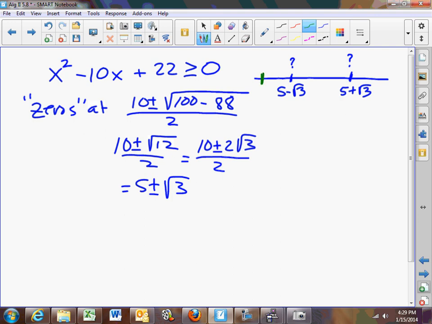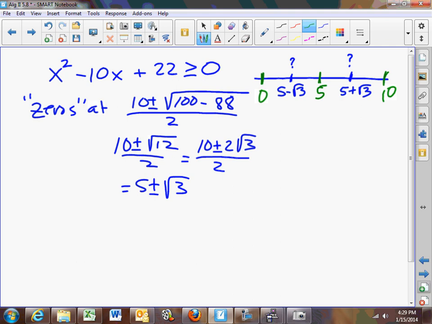So a number over here like 0 would definitely be to the left of 5 minus the square root of 3. What we're going to do is identify an easy number to work with that's inside each of these 3 regions. Now, it's pretty clear that 5 is between here. And if we add 2, we get 7. So 10 would definitely be in this region over here.